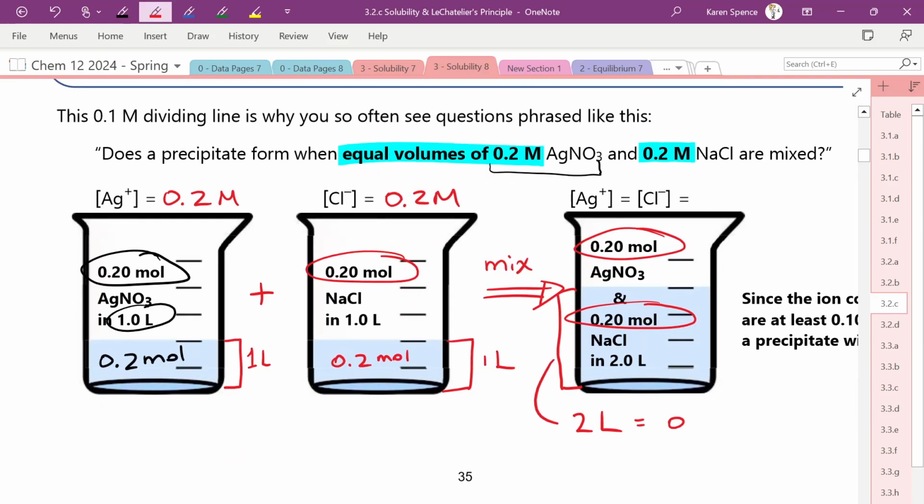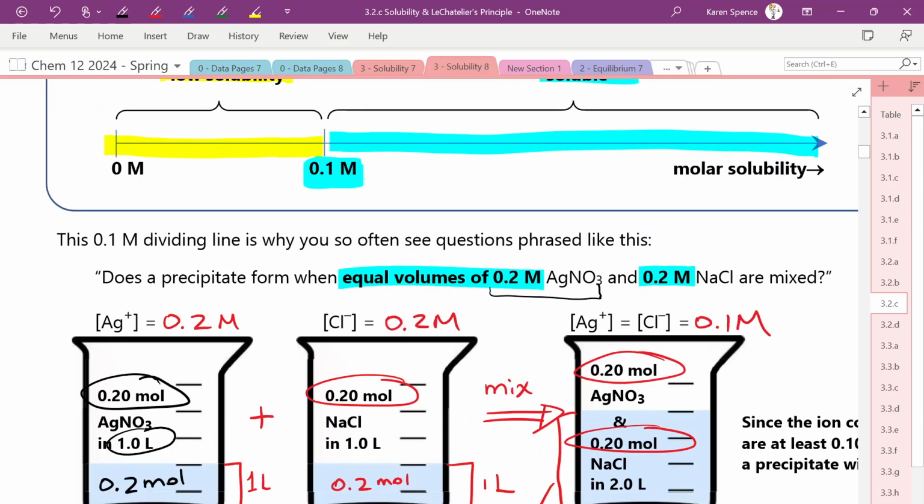So we have 0.2 moles in 2 liters, which is 0.1 molar. What kind of a problem is this, where we have to figure out the concentration of the ions after they're mixed? Oh, dilution. It's a dilution. Good try, though.